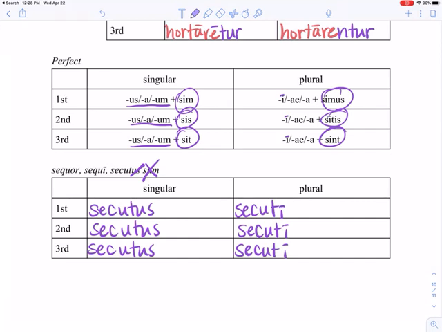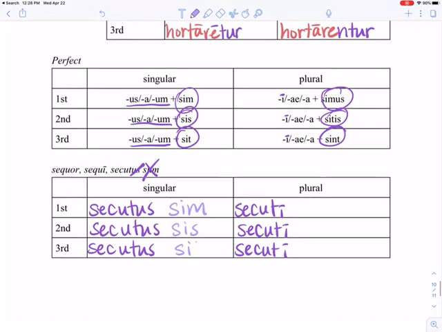So we're going to have secutus sim, secutus sis, secutus sit. Over on the plural side, we'll have secuti simus, secuti sitis, and secuti sint.